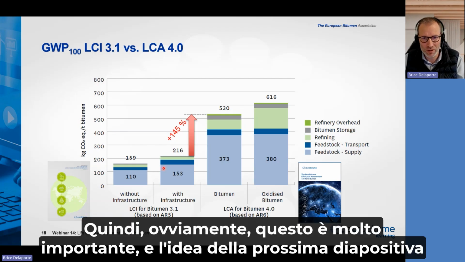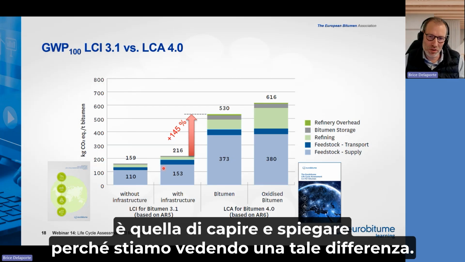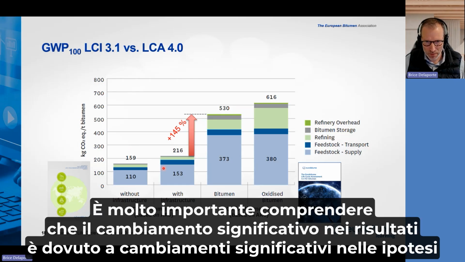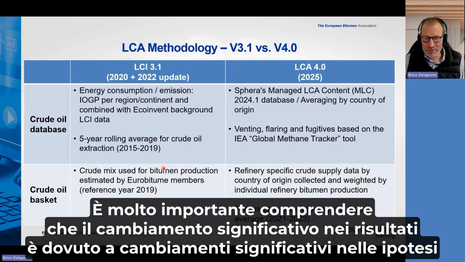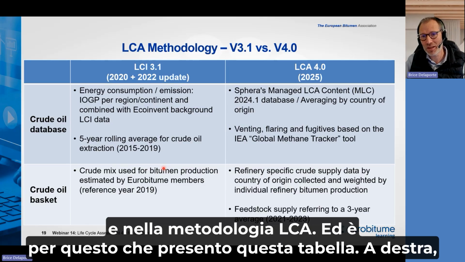And the idea of the next slides is to understand and to explain to you why we observe such a difference. And it's very important to understand that the significant change in the results is due to significant changes in the LCA assumptions and the methodology.